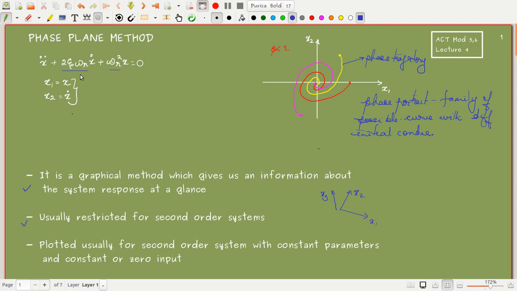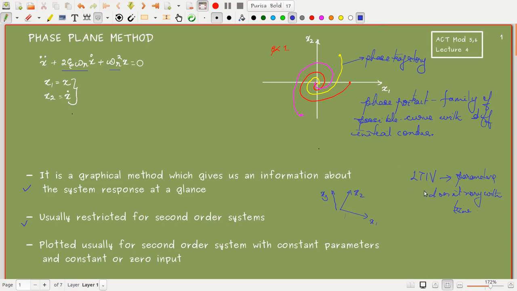For a linear time invariant system, the parameters do not vary with time. For those kinds of systems, plotting is easier because the trajectories will not intersect each other.